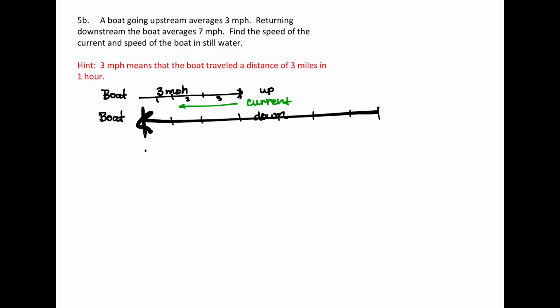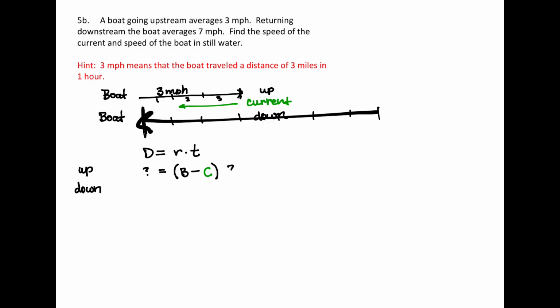Okay, distance equals rate times time. So when I'm filling this in for upstream and downstream, what do I put for the distance? That's equal to, going upstream, the rate of the boat minus the rate of the current times the time.